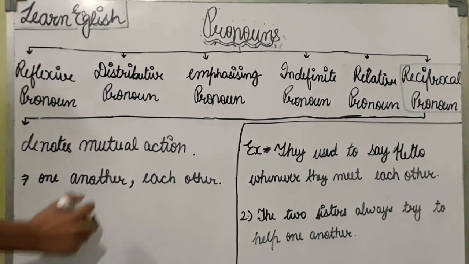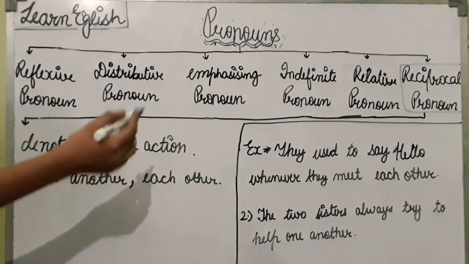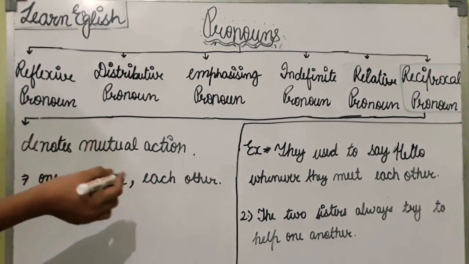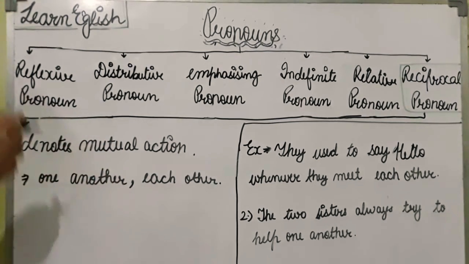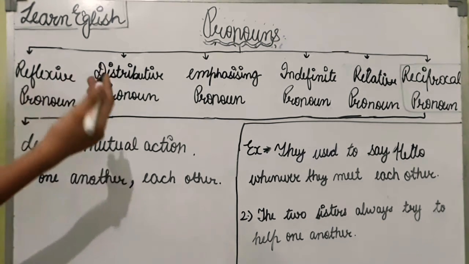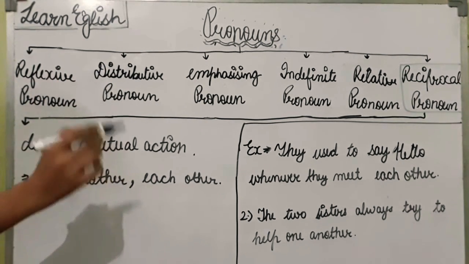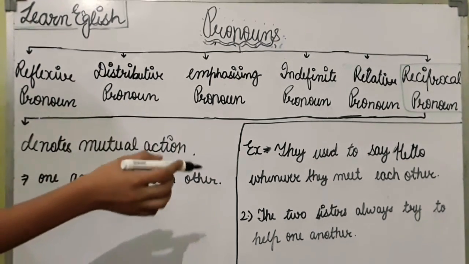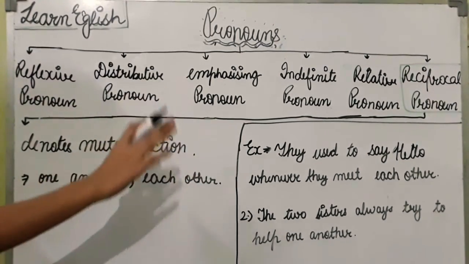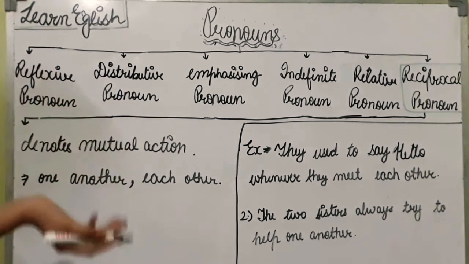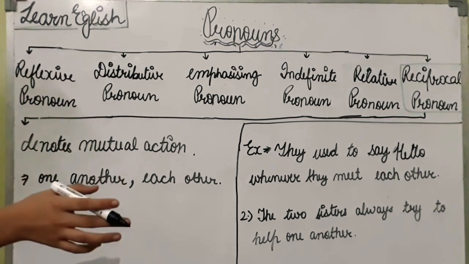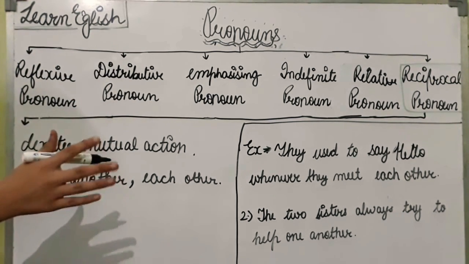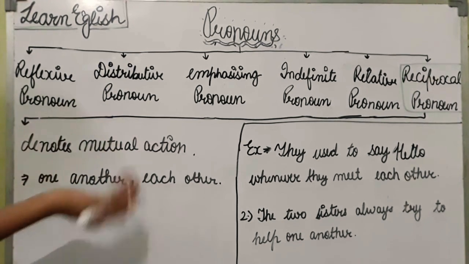Okay, now examples are, they used to say hello whenever they meet each other. So here each other is the reciprocal pronoun. And the second example is, the two sisters always try to help one another. So there are only two examples of reciprocal pronouns, so they are very easy to identify.